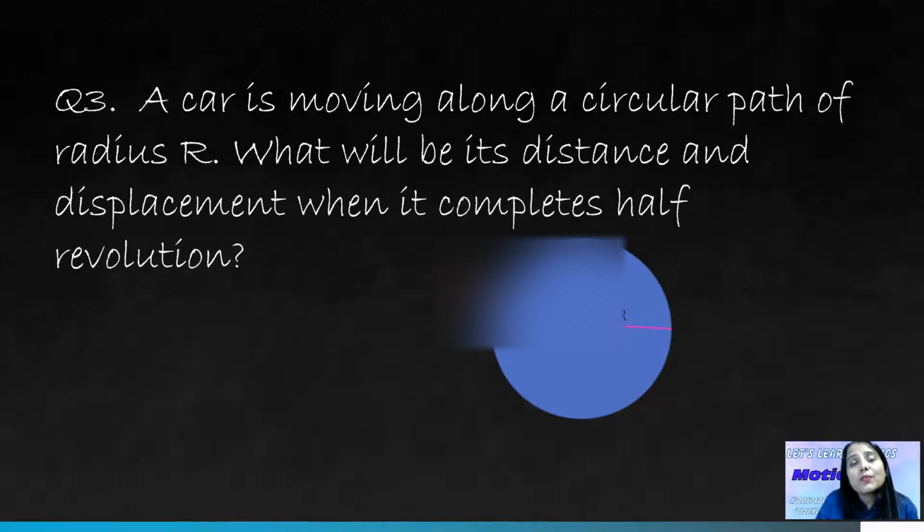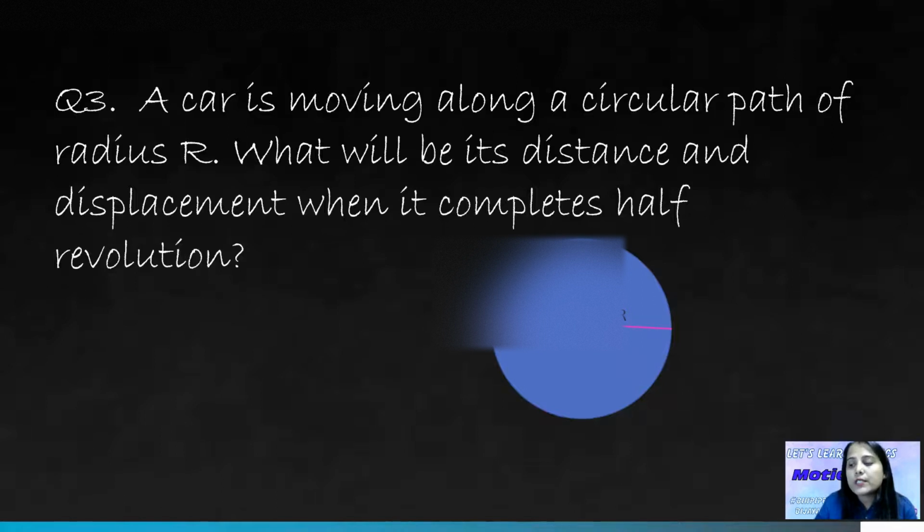So it's simple. What we have to do is find half of the perimeter to calculate the distance, or half of the circumference. And similarly, displacement will be the shortest distance between two points. So here we go.